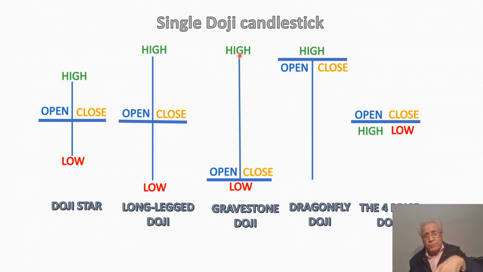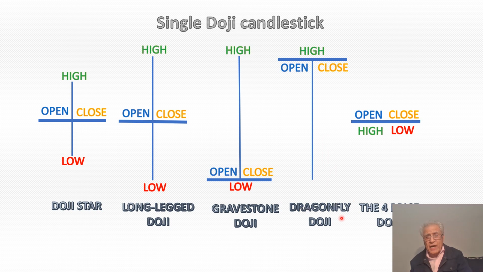The sellers pushed the price down, and it comes all the way back to where it was before and closes here. So there is a big bearish power in this candle. If this candle appears at the top of an upward trend, it suggests a trend reversal.